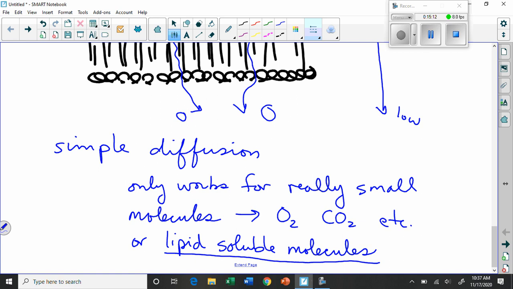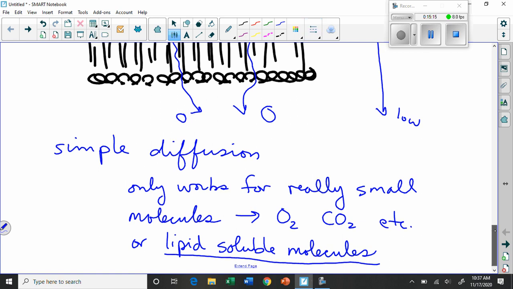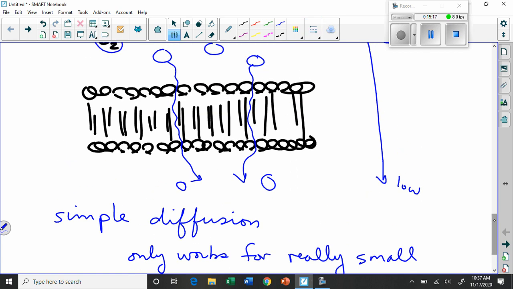So to get through the membrane, if you can dissolve in the non-polar substance, then even if you're fairly big, you could wiggle your way in here and literally dissolve your way through the membrane, because you can dissolve in this inner layer, which is non-polar. So that can happen too.